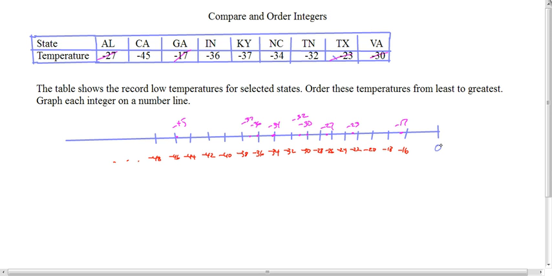So if they're asking us to list from least to greatest, we're looking at coming from -45 and back to the right. Well, let's do it a little unique. Let's not just put the numbers in there. Let's order them according to the states. So we could say from least to greatest.